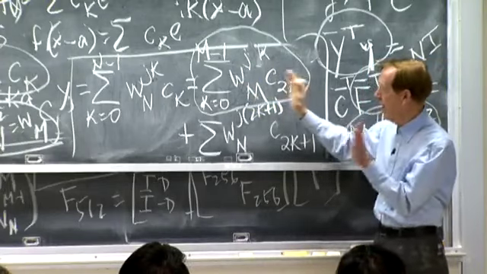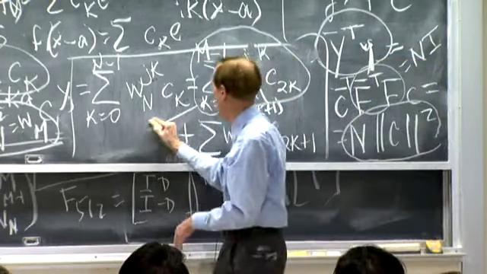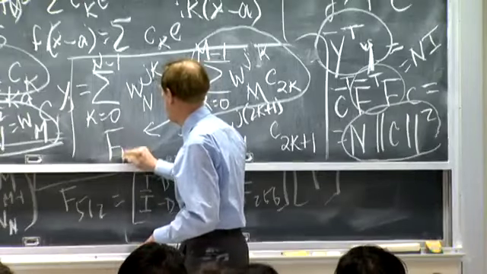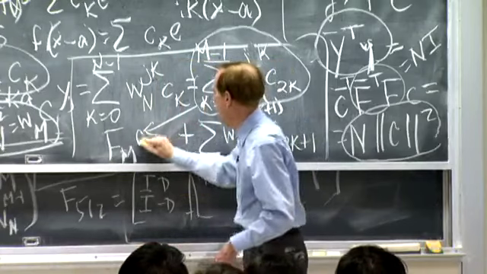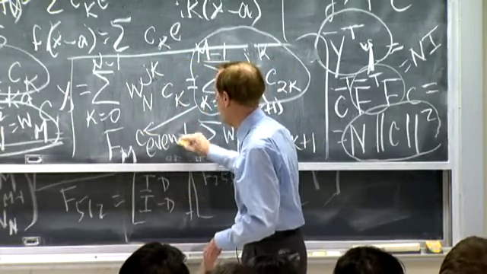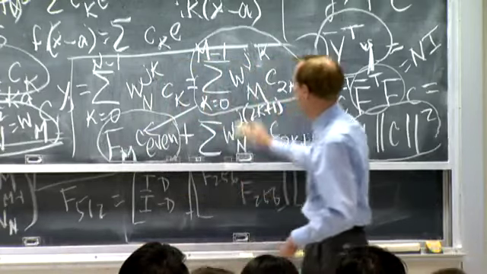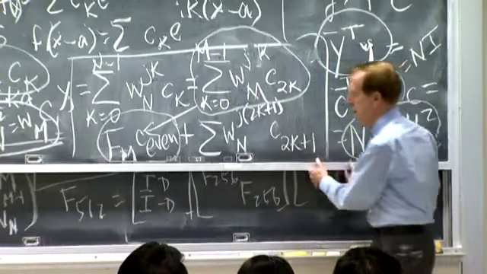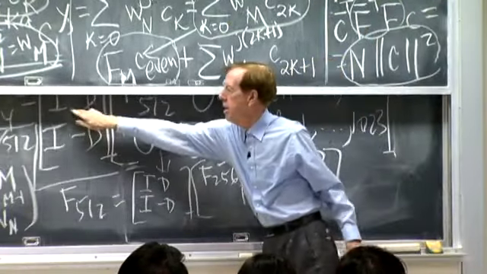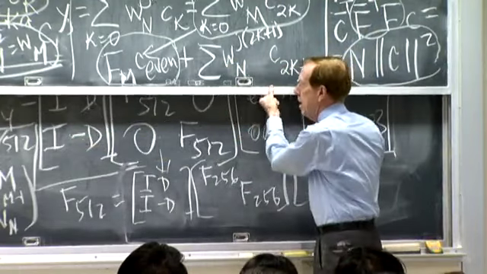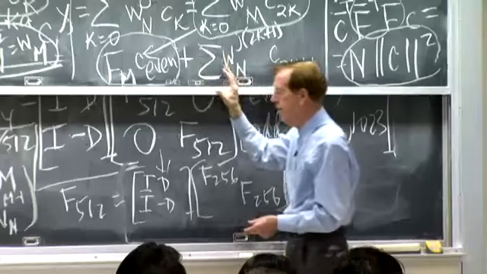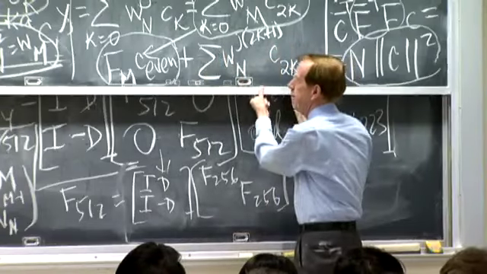So this is nothing but the Fourier matrix, the m by m Fourier matrix, acting on the even c's. That's what that is. And that's why we get these identities, because they're acting on the evens. The top half is the even guys.